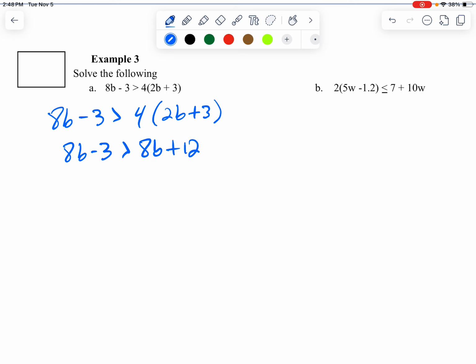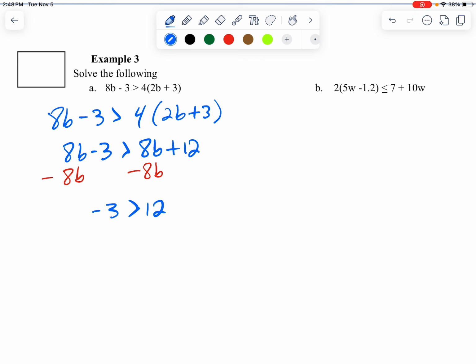Now, when I try to get all my variables on the same side, notice what's going to happen. They're both the same value. Anytime they're the same value, what's going to happen when I subtract? They both go away, which is fine. Just notice what we have left. Negative 3 is greater than 12.